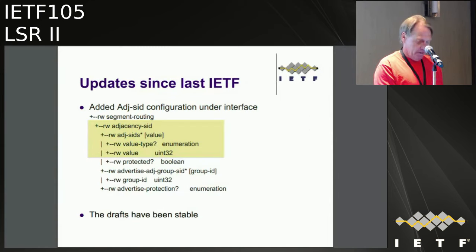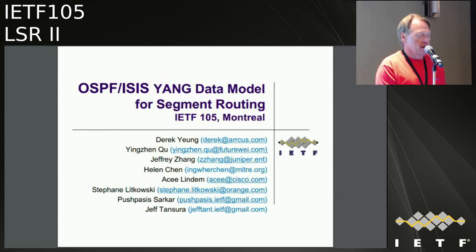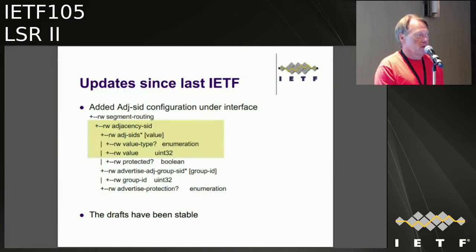The first one we have, a few models, is the segment routing for OSPF and ISIS both. There's been a few updates based on requests. These are configurable values for the adjacency SIDs.